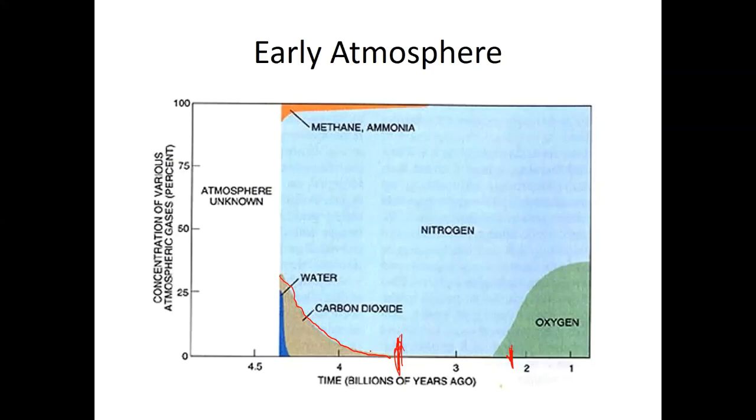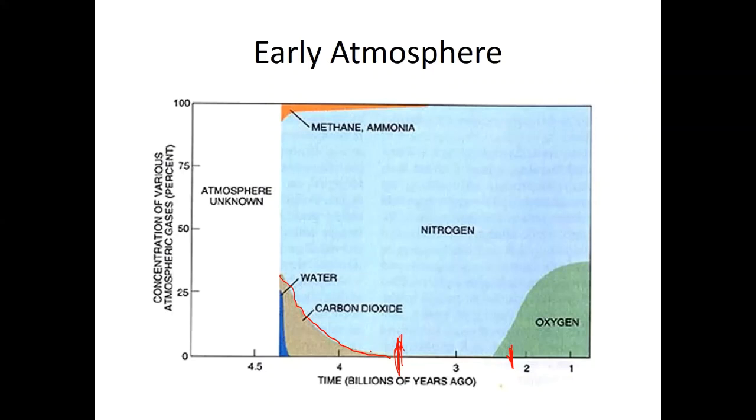Us as animals, we require oxygen to oxidize our food, to metabolize our food. If we don't have oxygen, we die. This planet was not a habitable planet to animals to begin with. It was only the appearance of these photosynthetic organisms, the bacteria and the algae, that produced the oxygen and oxygenated the atmosphere.